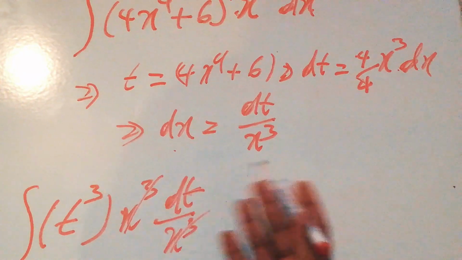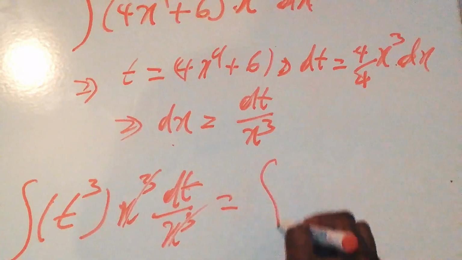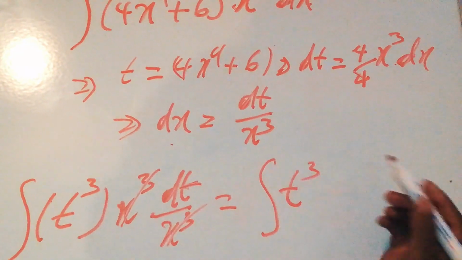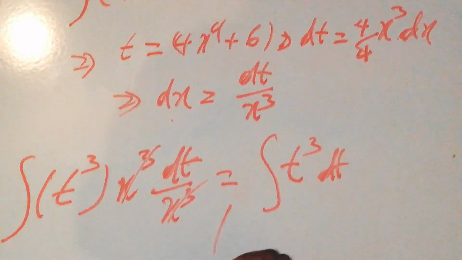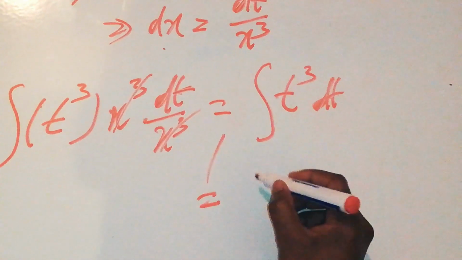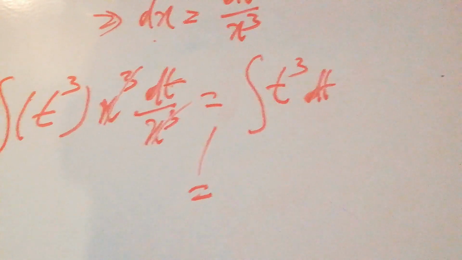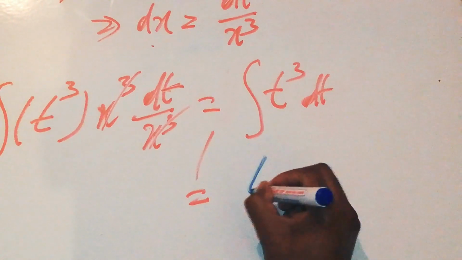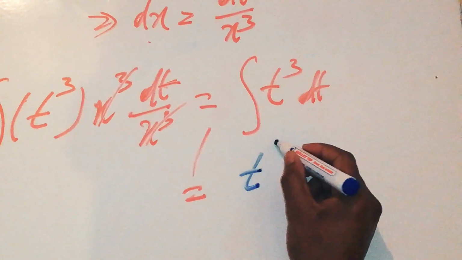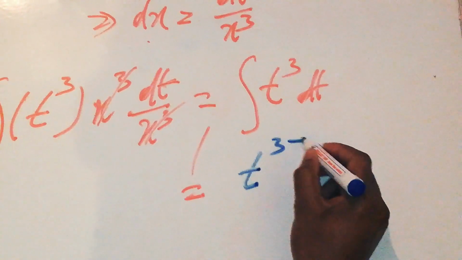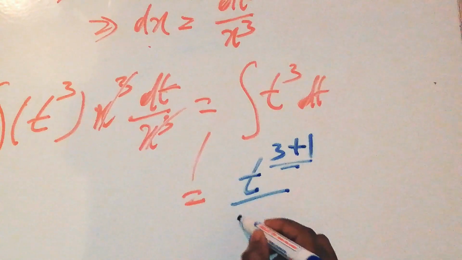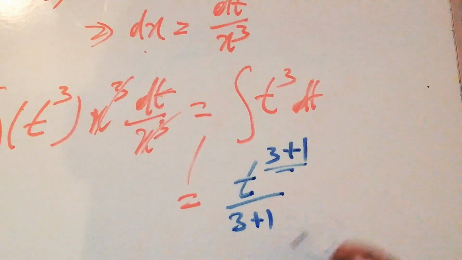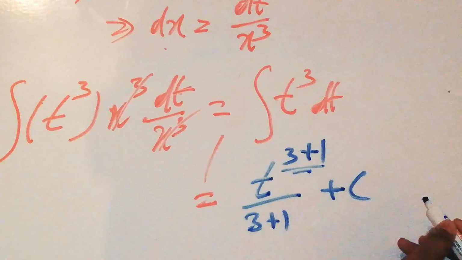That and that go away. I'll have t cubed dt. The integral, remember, is t exponent 3 plus 1 over 3 plus 1, plus c.